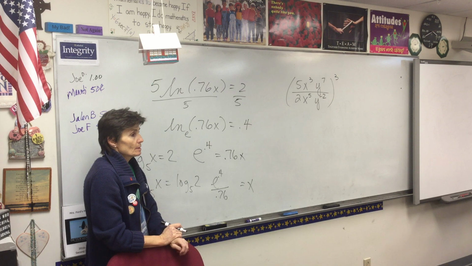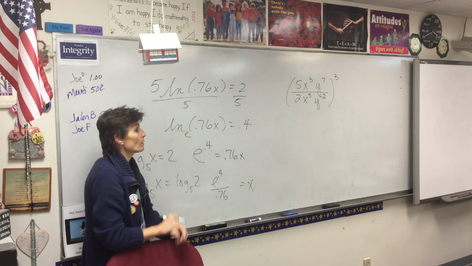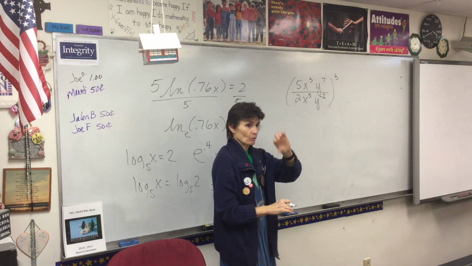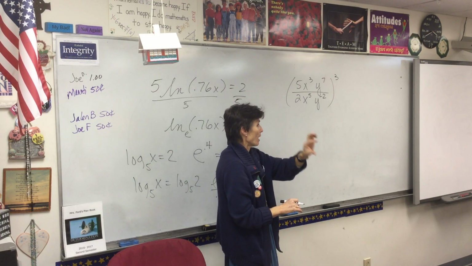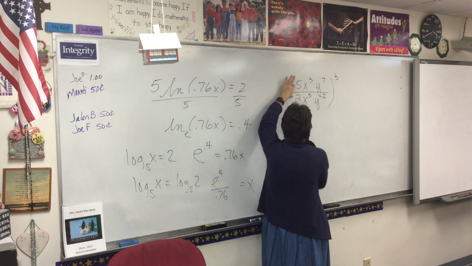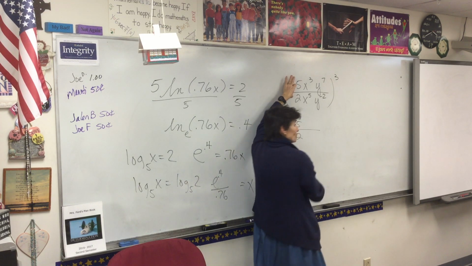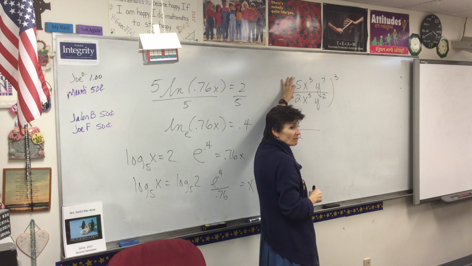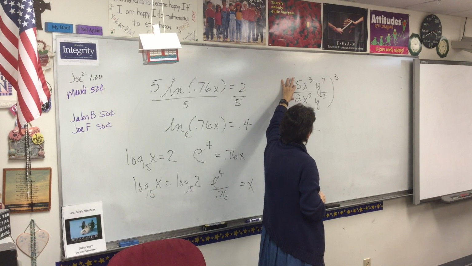Okay. So first thing we do is look inside the parentheses, and we simplify each category. So numbers, x's, y's, z's, m's, whatever you've got. The numbers don't simplify. Sometimes they do. Like if you had 8 over 6, it would simplify, so you want to simplify them. These don't.